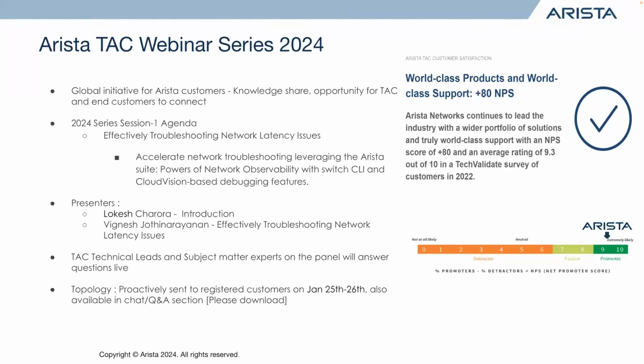So coming to 2024, starting this year, we are going to bring in more Arista products in the mix and do a deep dive into how these products together can offer a helpful platform for debugging any common networking problem. For today's session, we are going to do a deep dive into network latency and the congestion issues that can occur in any network.